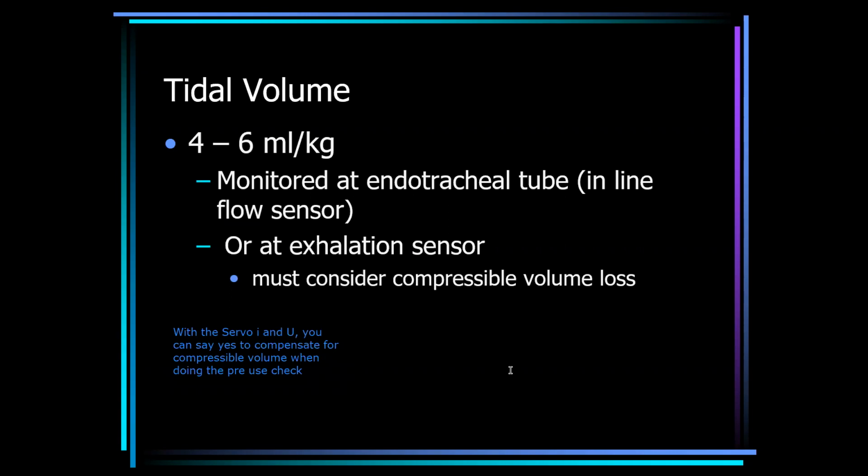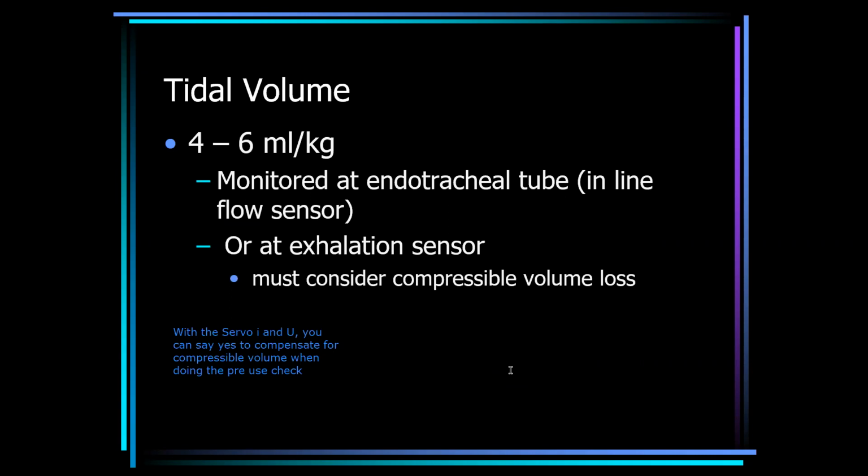So with the Servo I and the Servo U, when you're doing the pre-use check, you can say yes to compensate for compressible volume. And then this will hide the volume being exhaled that came from the circuit. So the pre-use check figures out the compliance of the circuit.